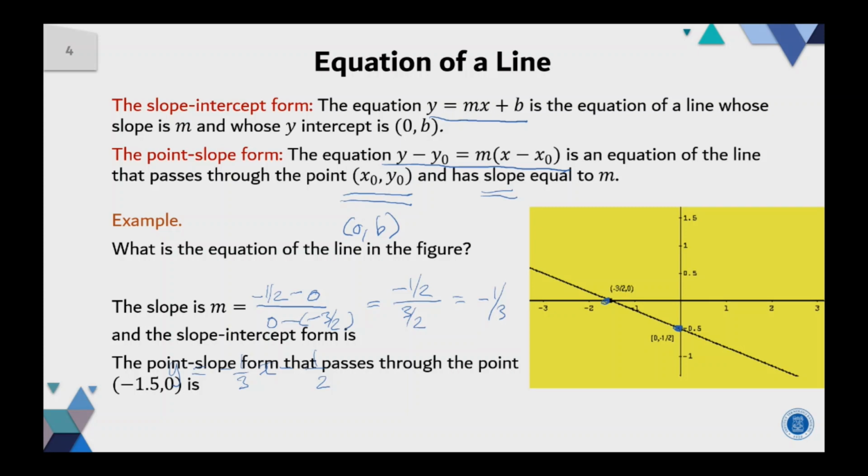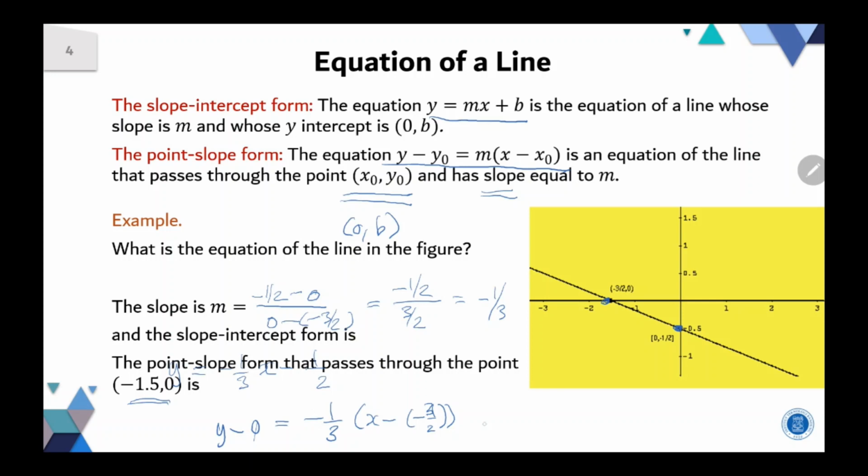So what about the point slope? If we want to use the point slope form, by using this value we can find y minus y0, which is 0, equal to the same slope, of course, because it's the same line, times x minus, oh, this is minus 1/2, oh yeah, minus 3 over 2.